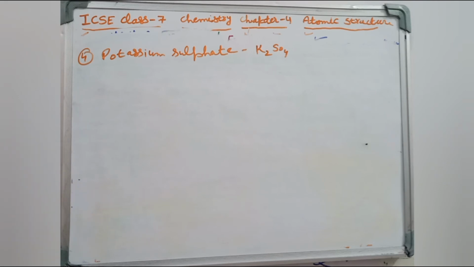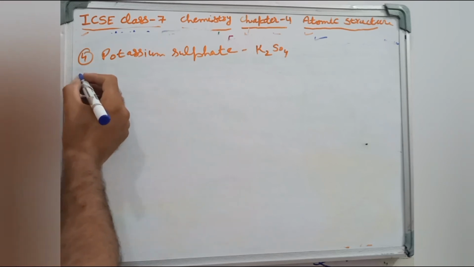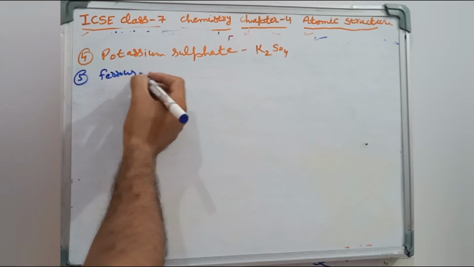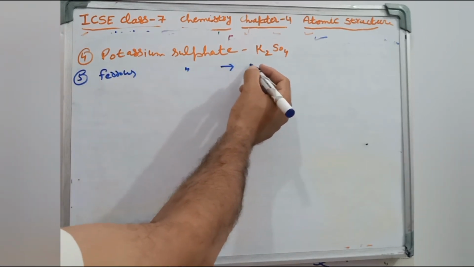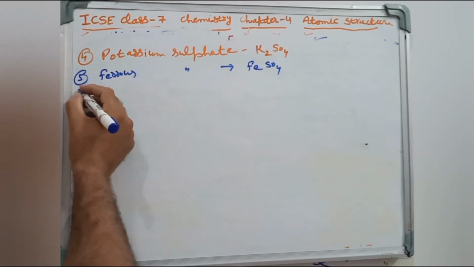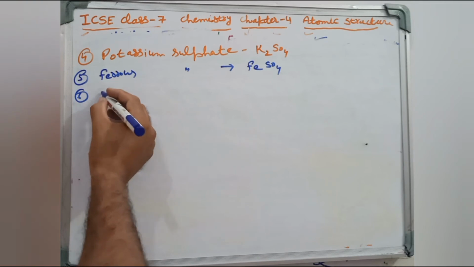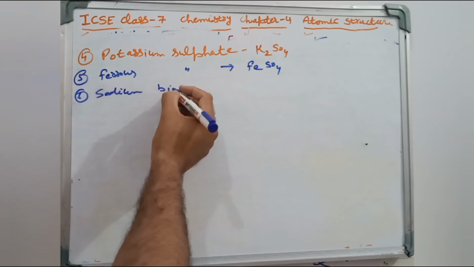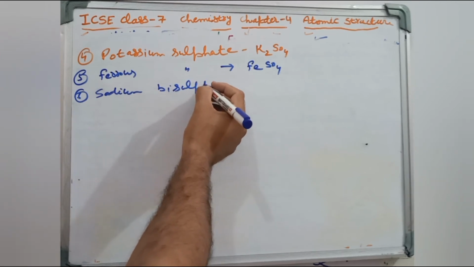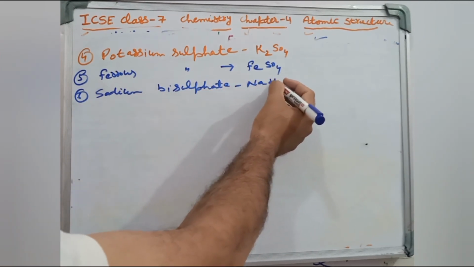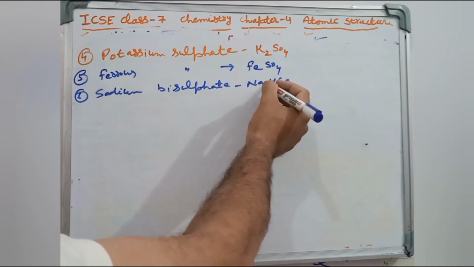I am doing it directly. Number 5 is ferrous sulfate. Ferrous sulfate is from iron, FeSO4. Number 6 is sodium bisulfate, NaHSO4.